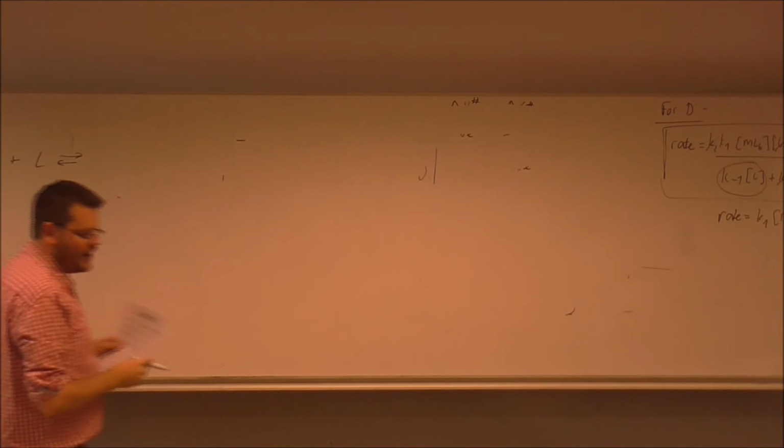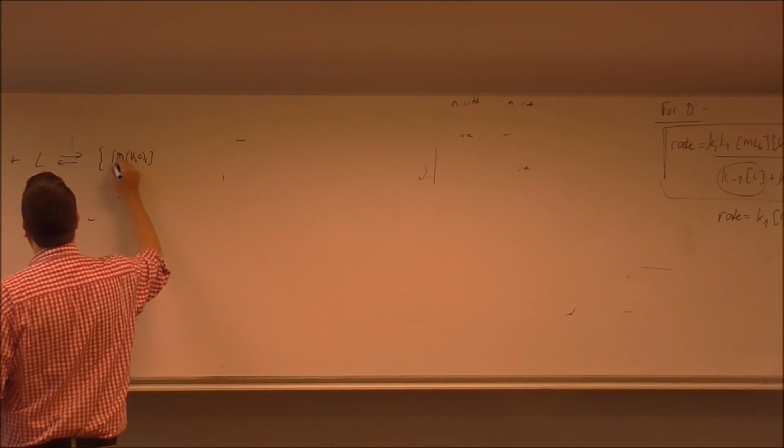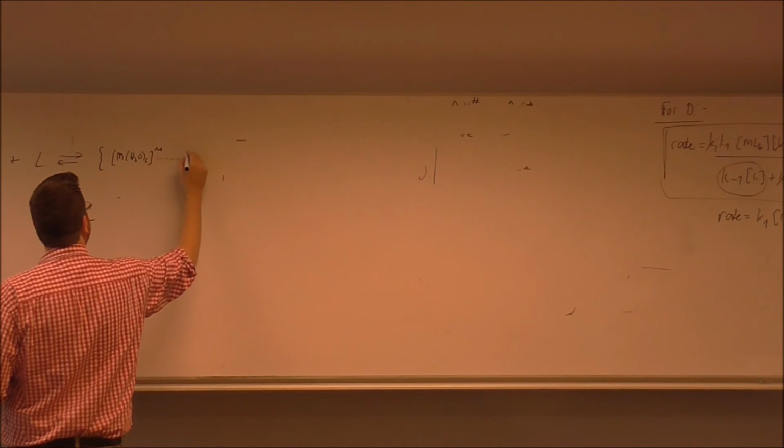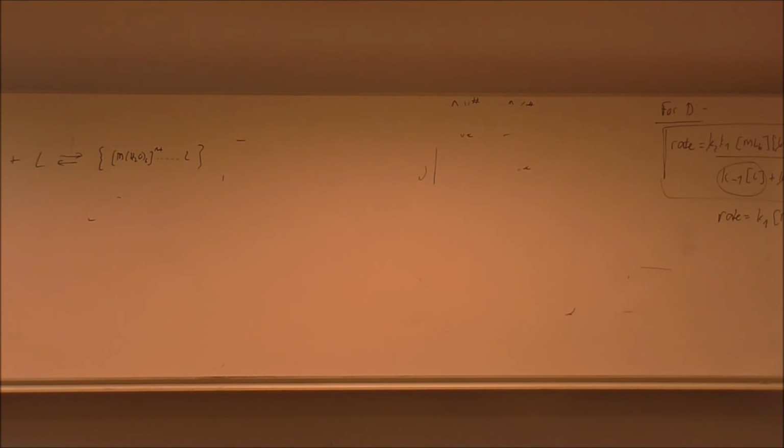Now, how this mechanism actually works is essentially you take an aqua complex, for example, something like that. You have an incoming ligand, let's call it L, and you generate something called an encounter complex. The way to think about this encounter complex is that the incoming ligand diffuses towards the complex.